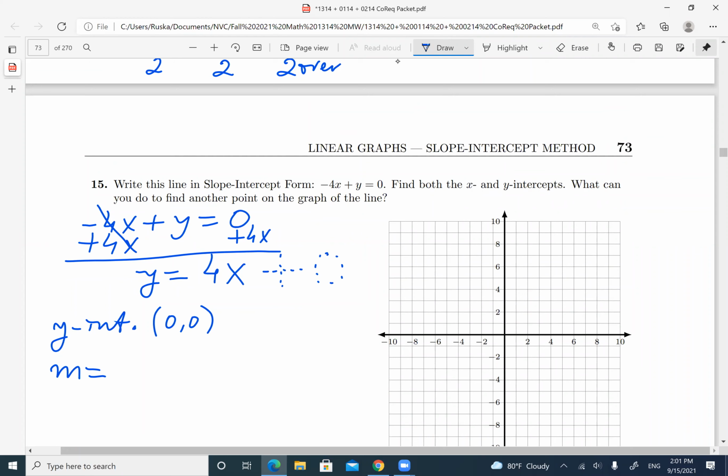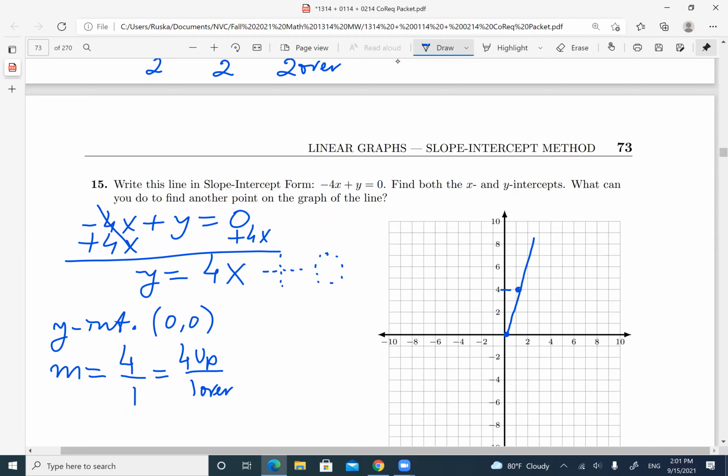Just 4. Slope is only a number, and I'm going to put it over 1. So that means you're going to go 4 up and 1 over. Now if I want to use the slope-intercept method, I'm going to put this point here, 0, 0. And then I'm going to go 4 up and 1 over. And that's my straight line, right?